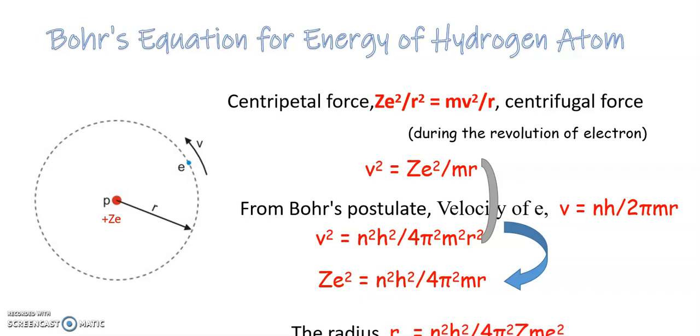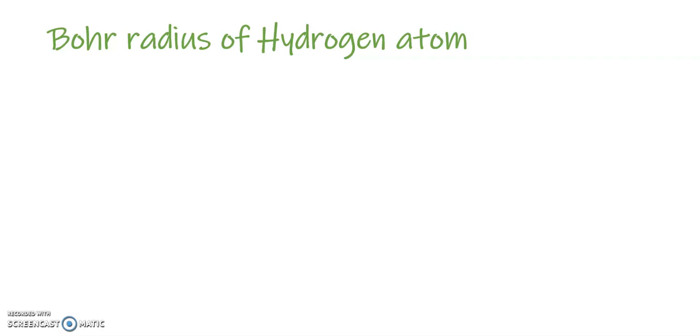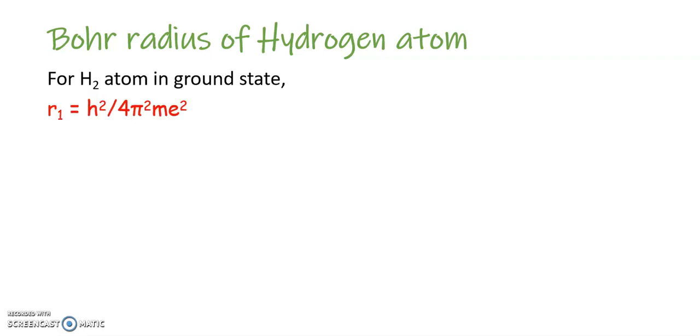From that, the radius r can be written as n square h square by 4 pi square Zme square. Here I am writing it as Rn, assuming that this radius is of the nth orbit. For hydrogen atom in the ground state, Z equal to 1 and n is also 1.